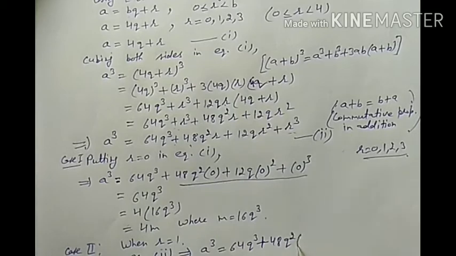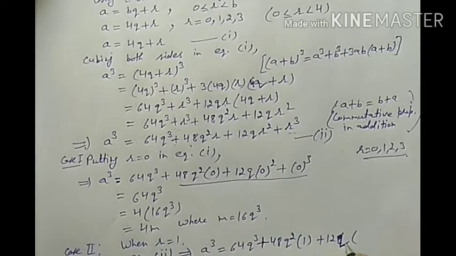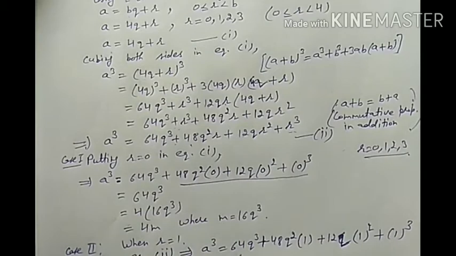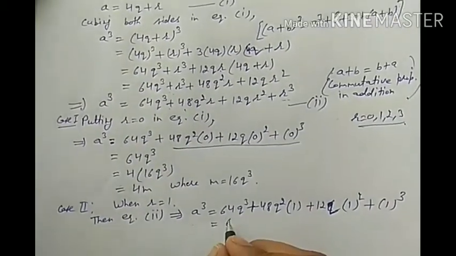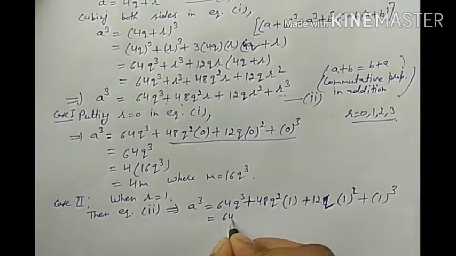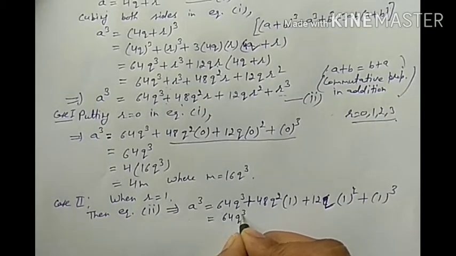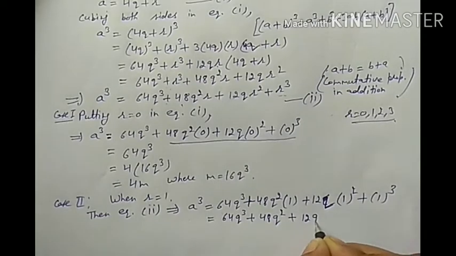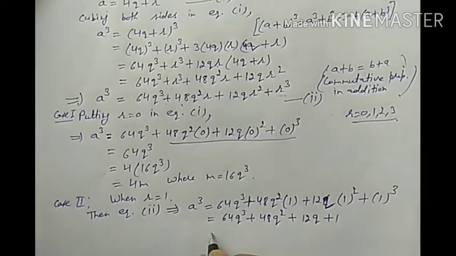Only in place of r it will be 1, and 12q as it is, and instead of r, 1 square plus 1 cube, is equal to 64q cube plus 48q square plus 12q plus 1.